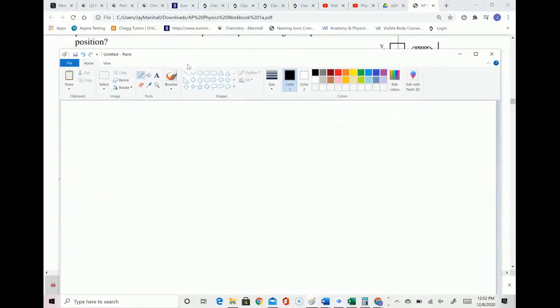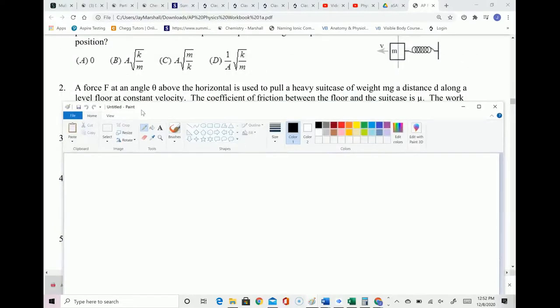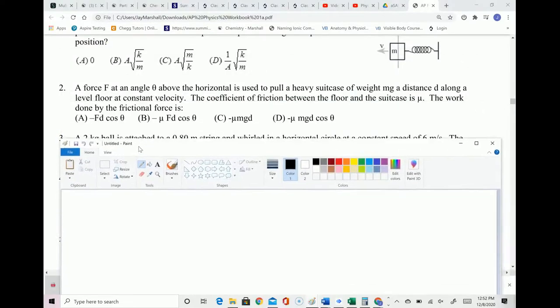Okay, so I'm going to be pulling the suitcase at an angle theta above the horizontal, and that's my force, okay? And I'm going to be pulling it for a distance d.